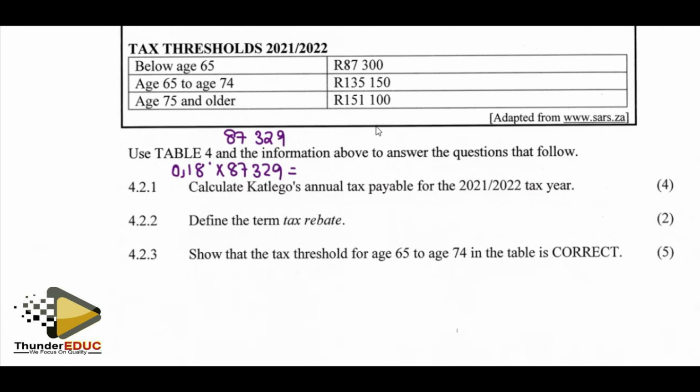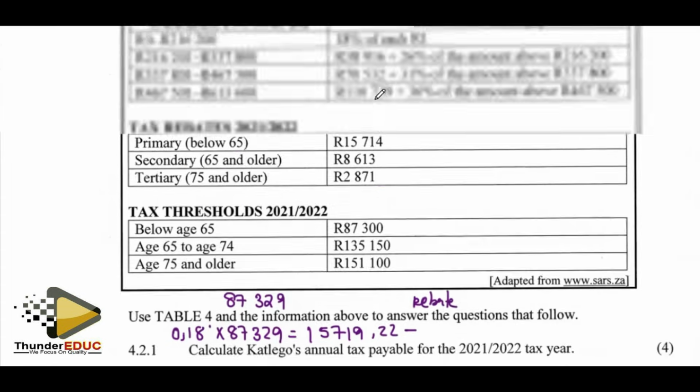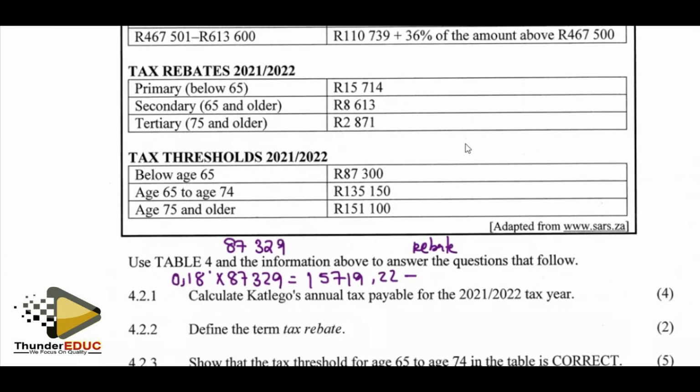When you do that, it's 15,719.22. We subtract the rebate. He is 24, so he qualifies for the primary rebate.